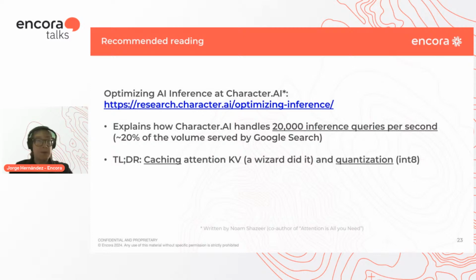So, he's one of the smartest people in AI right now. And Character AI is handling right now about 20,000 inference queries per second, which, to give you a perspective, is like 20% of the volume that Google search serves. And they're a small company.